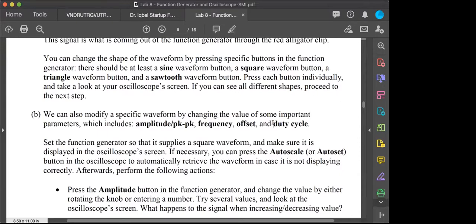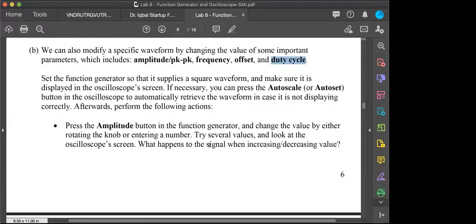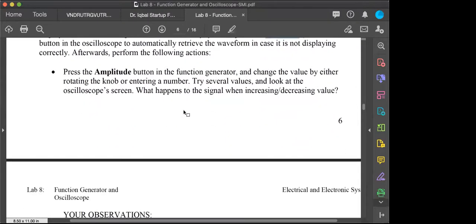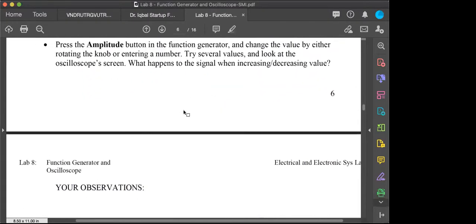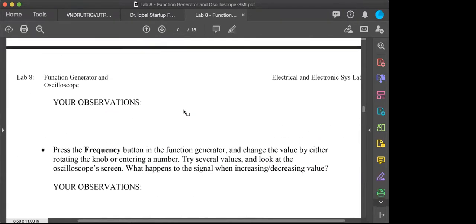And duty cycle, again, what percentage it stays on with respect to the total signal. And then you do auto scale so it stays within the screen. These are essentially straightforward things. You just follow, you do it on the system and you see these things happening.